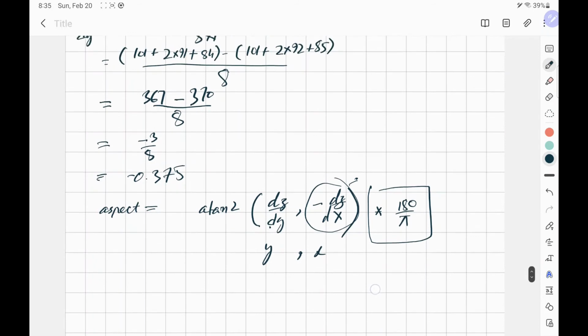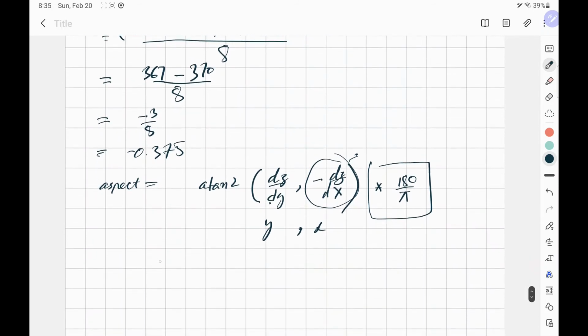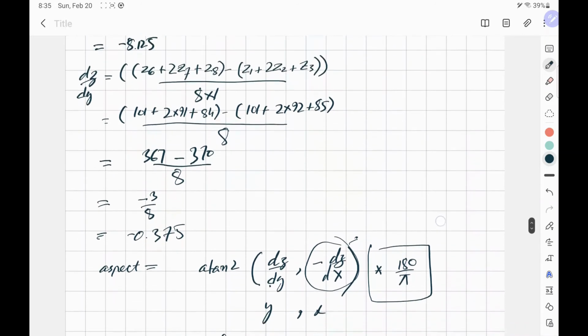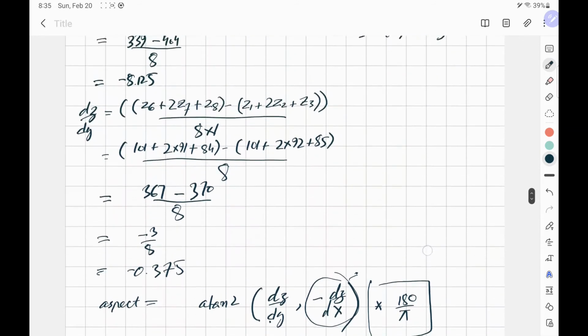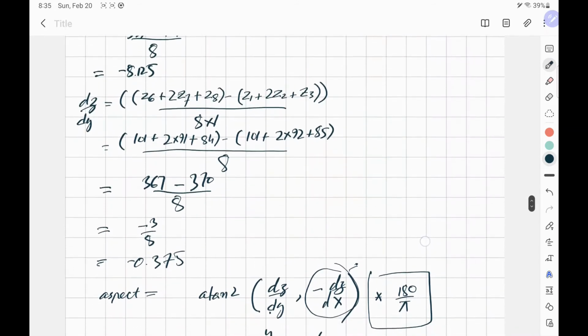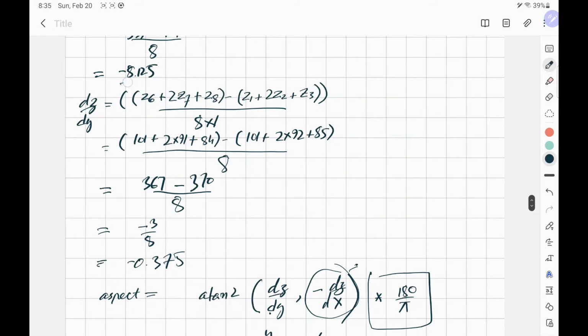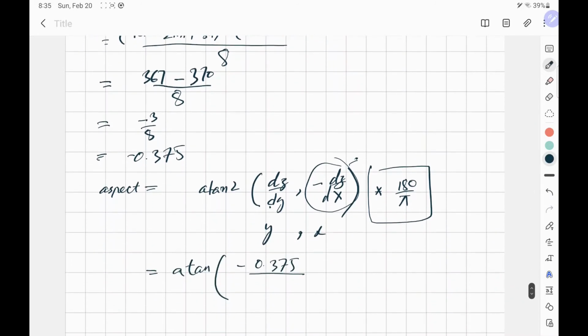So it will become arctan of y, which is minus 0.375, whole divided by x, which is minus minus 8.125, so minus multiplied by minus.